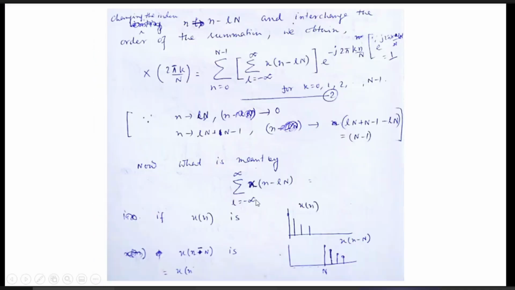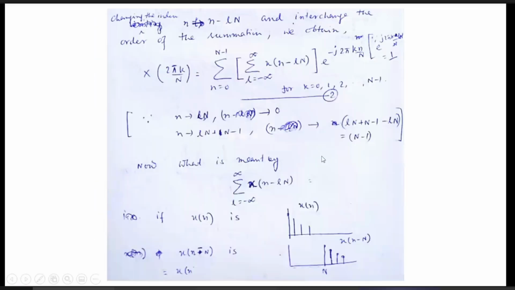Similarly, x of n minus 2N is delayed by another N terms, and all these are added. Graphically, it is shown that xn, the aperiodic signal, has now become periodic if you take the sum.